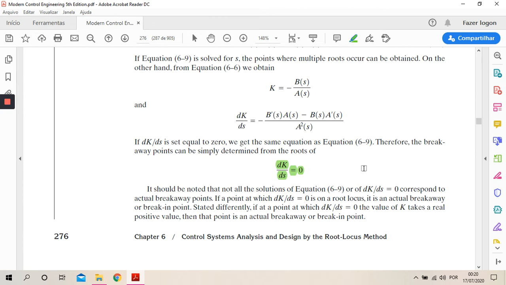And the book says that if the derivative of k, the gain, with respect to s is set equal to 0, we get the same equation. Therefore, the breakaway point can be simply determined from the roots of it. And MIT, the best school of engineering in the world, says that whenever we have a maximum of gain, we have the breakaway point.